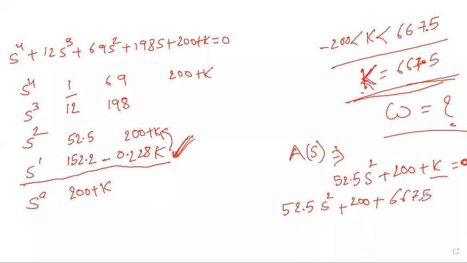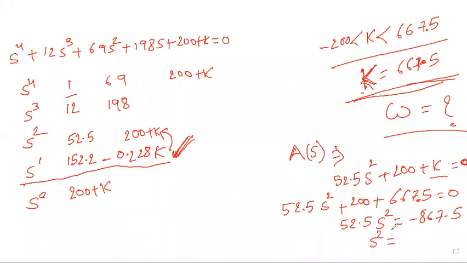This is the procedure. How do we find the frequency? So 52.5 s square equal to minus 867.5.